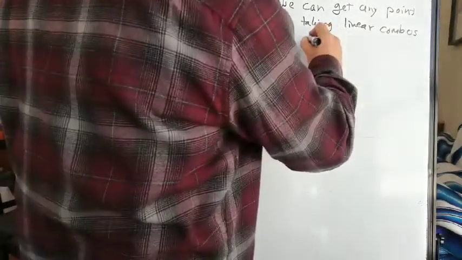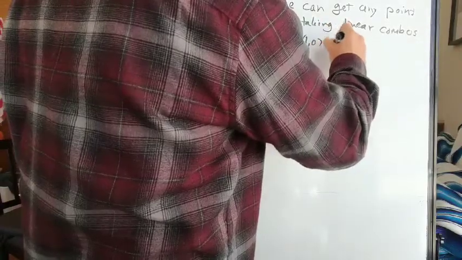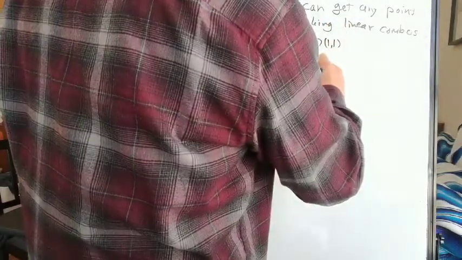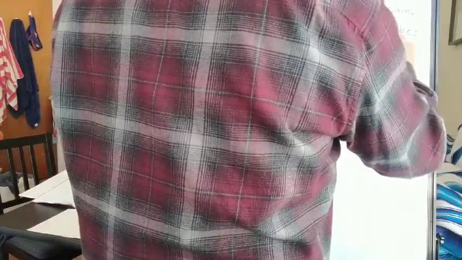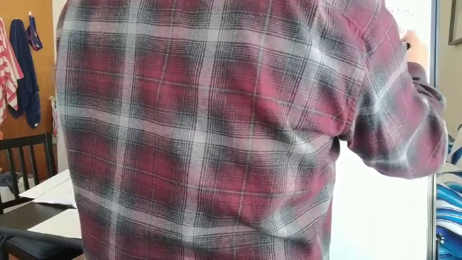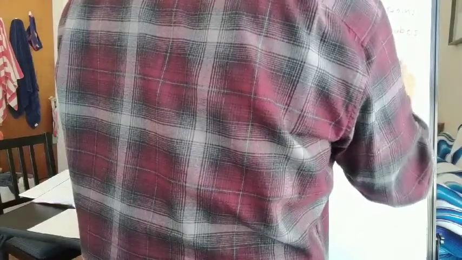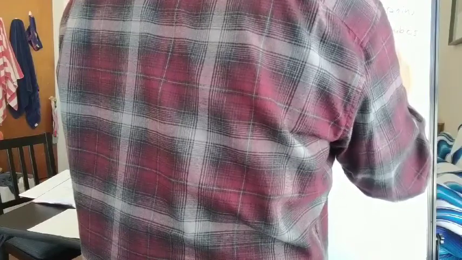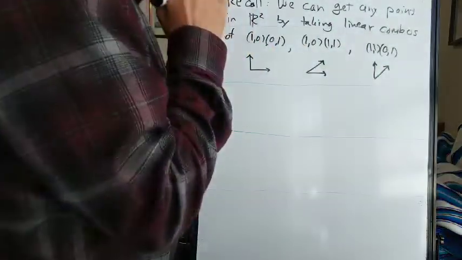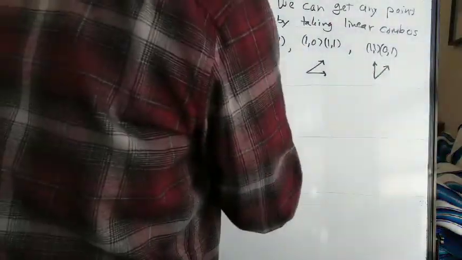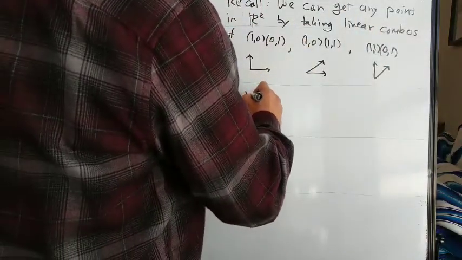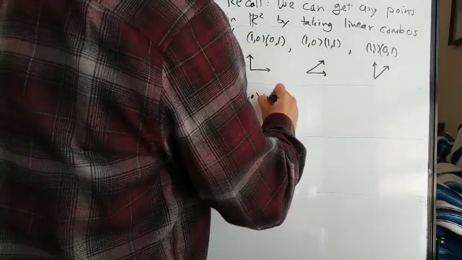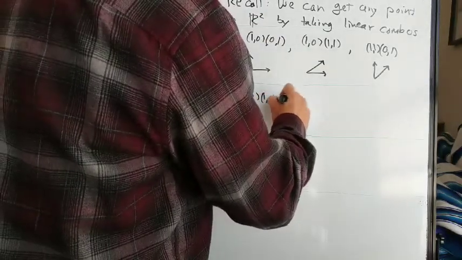Or (1, 0) and (1, 1). Or say (1, 1) and (0, 1). Or we could take all three of these vectors here, (1, 0), (1, 1), (0, 1).